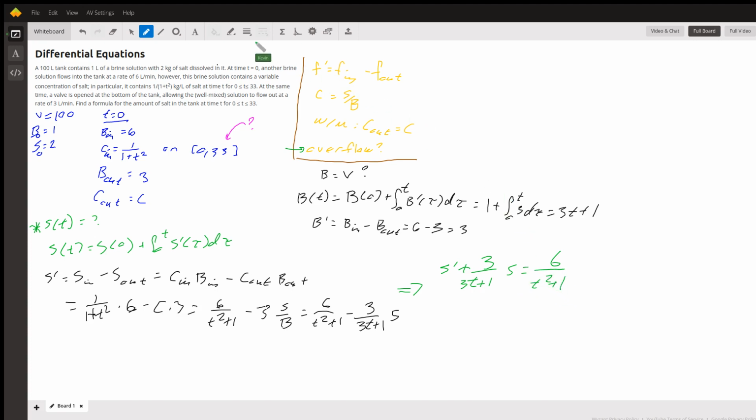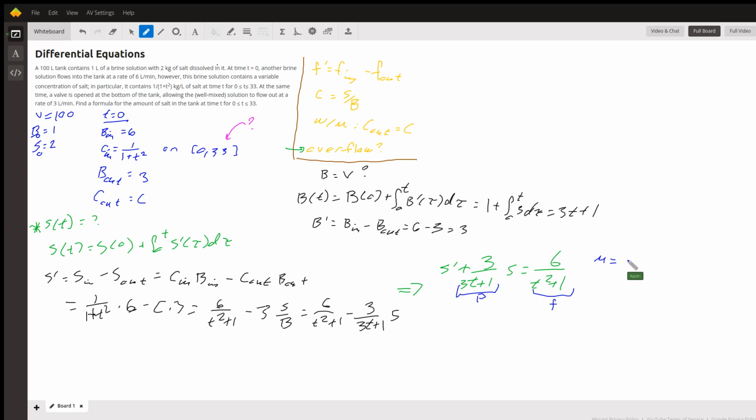Okay, so just a reminder that to solve an equation like this, I don't know what you call it in your class, but label that P and label this F. And you just need to take 2 steps, and that is find your integrating factor.